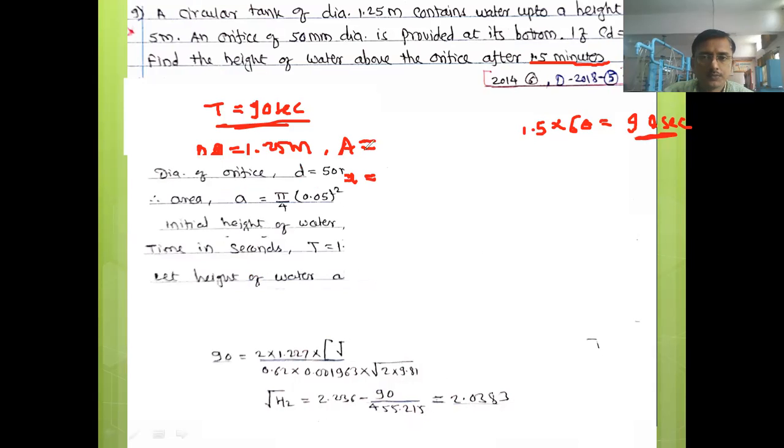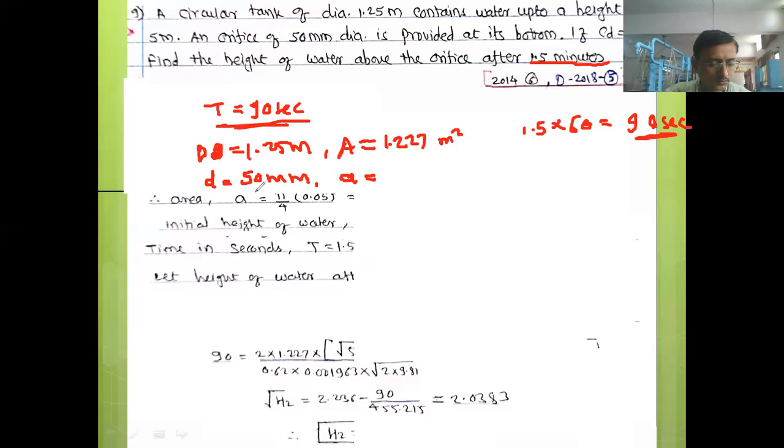Yes, sir, 1.227 meters square. Is it this small an area? No, sir, capital A is 12.27.